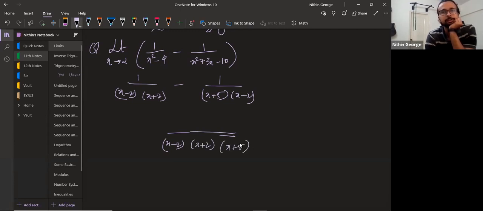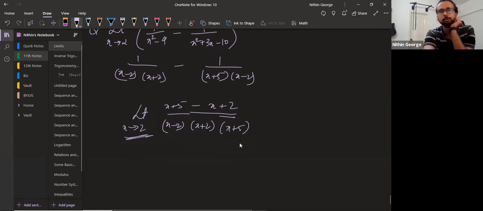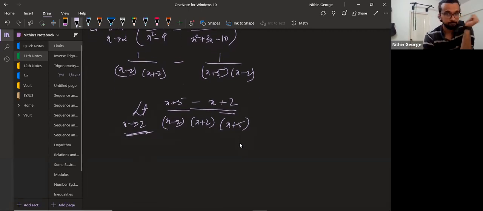That's right. So then on top, there'll be an x plus 5, and here there'll be a minus of x minus 2, so that becomes minus x plus 2. And this becomes limit x tends to 2. I always forget this part, okay? Make sure you don't forget that part.